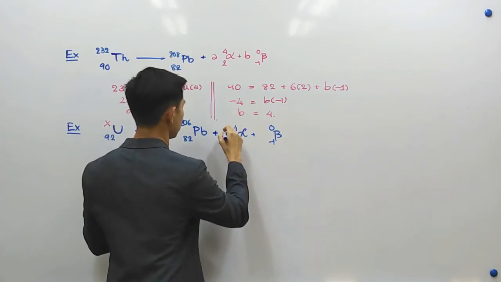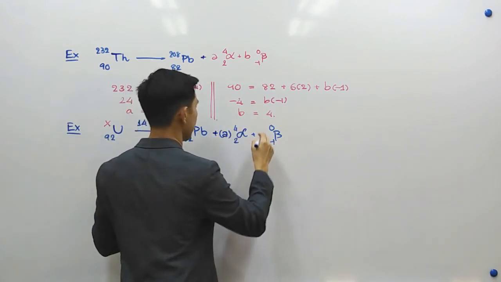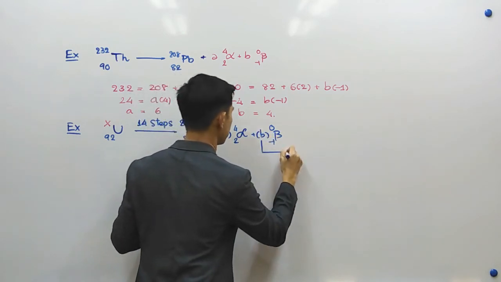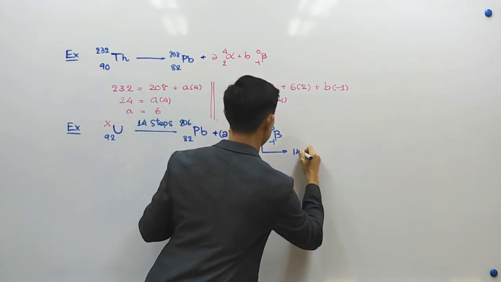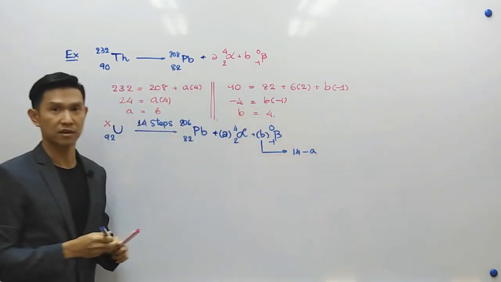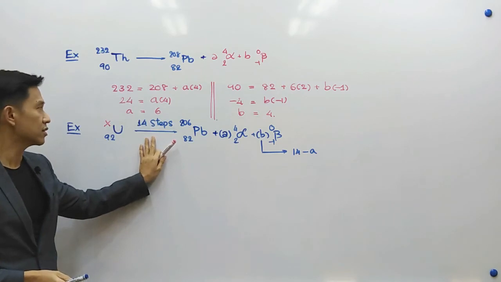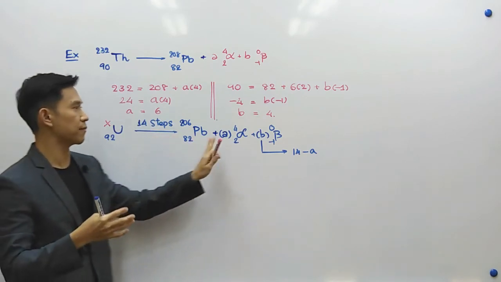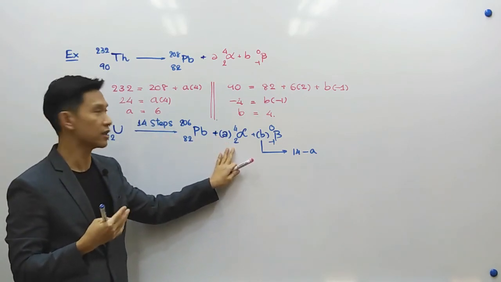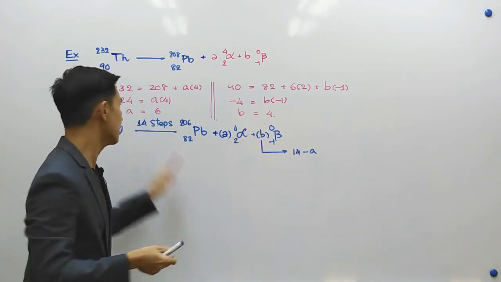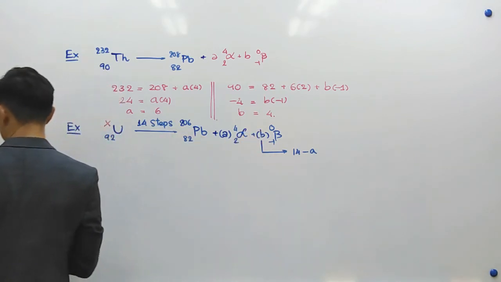If you don't know, this should be A again, and this should be B, right? But B here is actually 14 minus A, because in total there are 14 steps. So if it is A steps to release alpha, it has to be 14 minus A to release beta, right? So from here you can set up the equation.